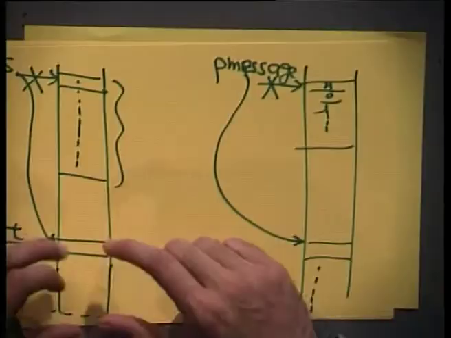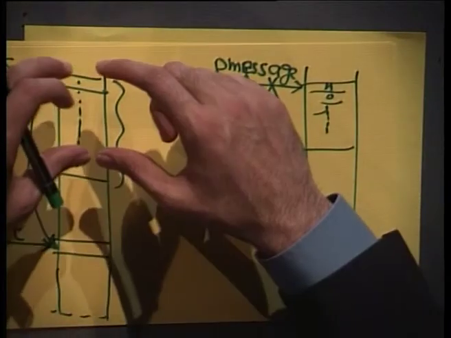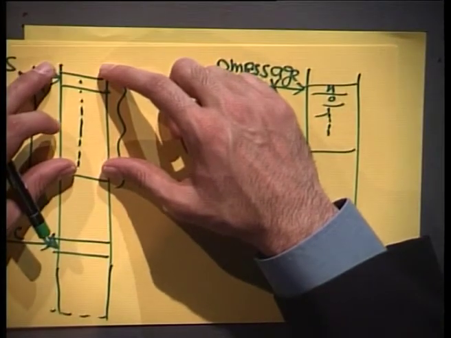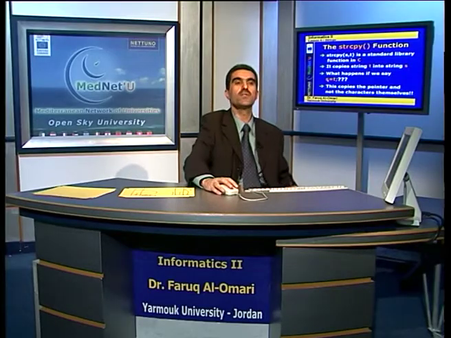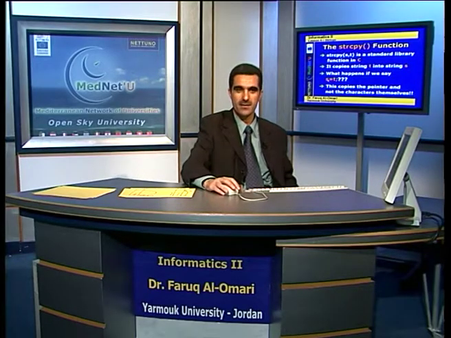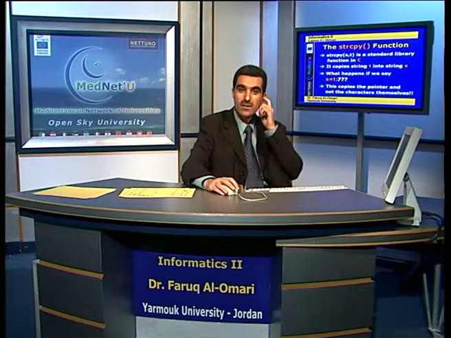If you want to physically copy the block of data to another location, then this is not exactly what you want. You want physically to make a mirror image of this block of characters and place it at this location. If that is what you want, then this assignment in here is not what you're aiming at. And that's why we have to do something else.